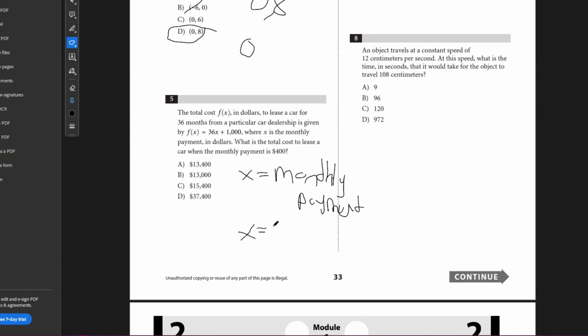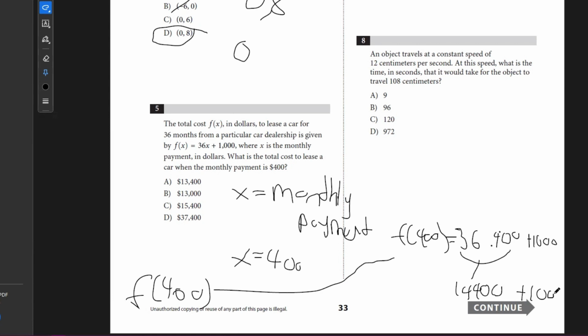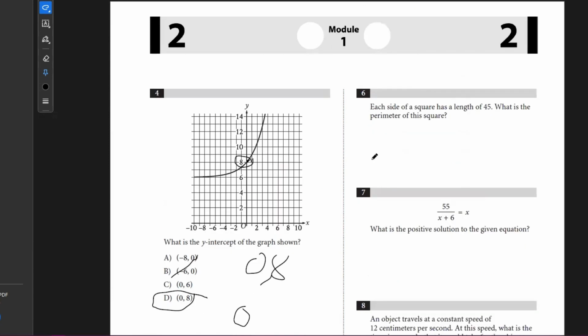So it's saying x equals 400, so we're asked to find f of 400. f of 400 is equal to 36 times 400 plus 1,000. So this is going to be equal to 14,400 plus 1,000, and that'll be 15,400. Answer choice C. Let's go.